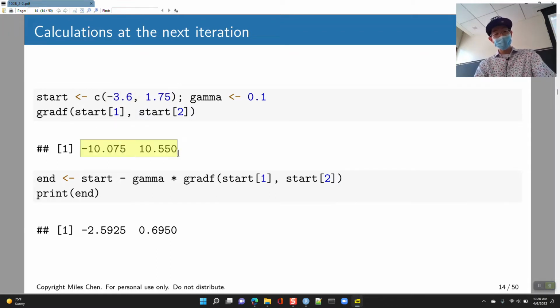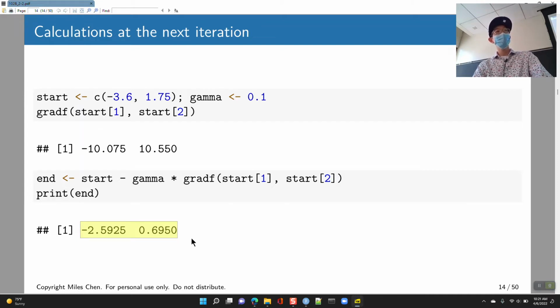If we do that, I get negative 10.0, negative 10.075 comma 10.550. Okay, and here I'm going to take negative 3.6 minus 0.1 times this, plus 1.75 minus 0.1 times this. And this gives me a new coordinate, negative 2.5925, 0.695.